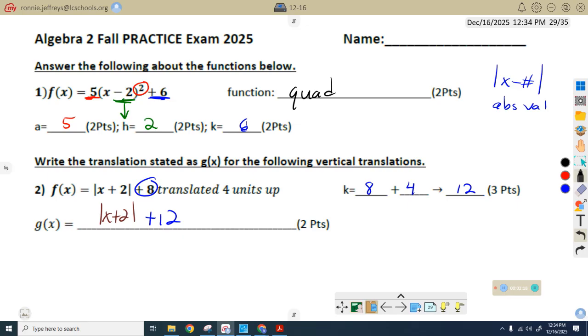Now you have to put all of that in there, but that's how it works out. Are we good with 1 and 2? Okay.